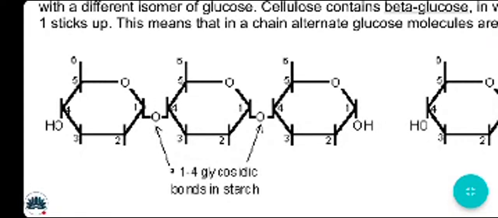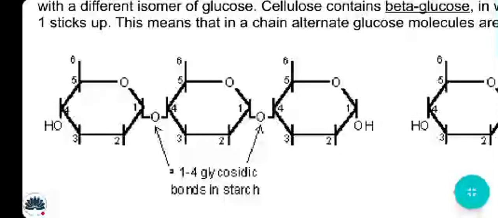The hydroxyl group of carbon number 1 is completely removed, while at carbon number 4 only the hydrogen is removed and the oxygen remains, which bonds to carbon number 1 to make the glycosidic bond. Both glycosidic bonds are below carbon number 1 and 4.